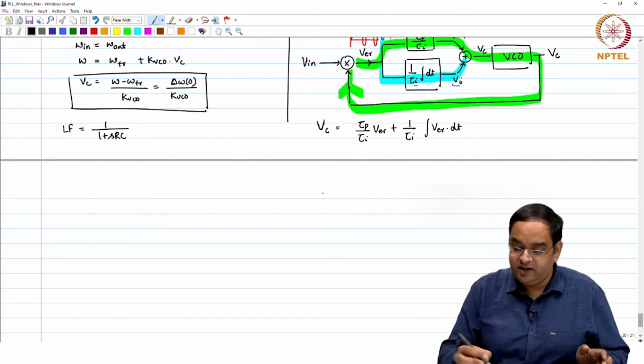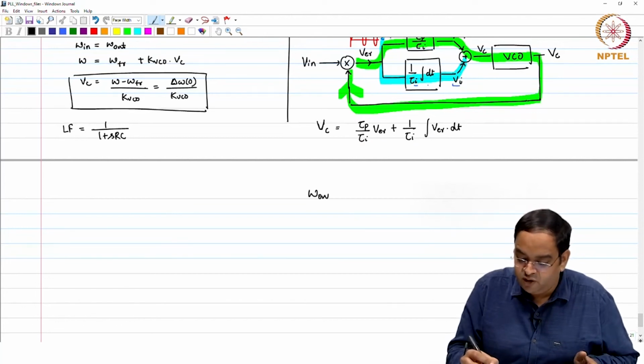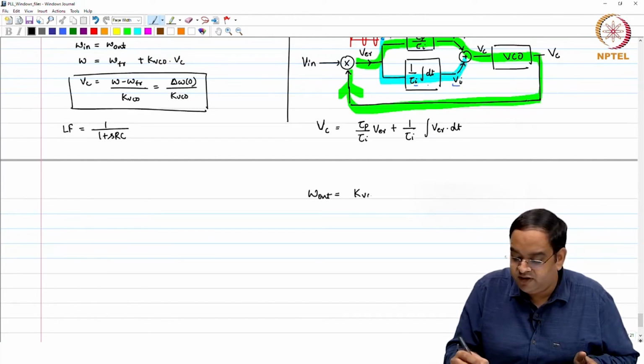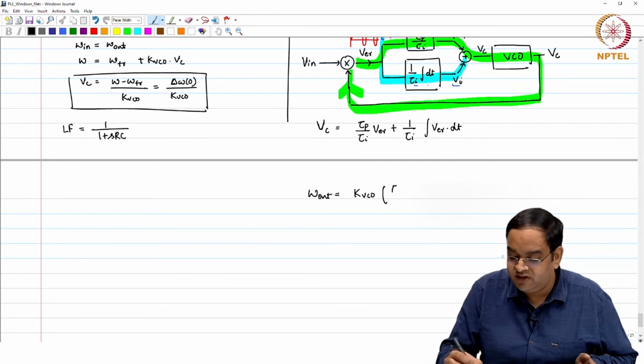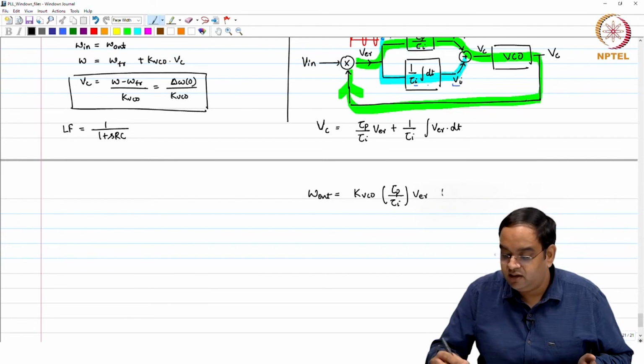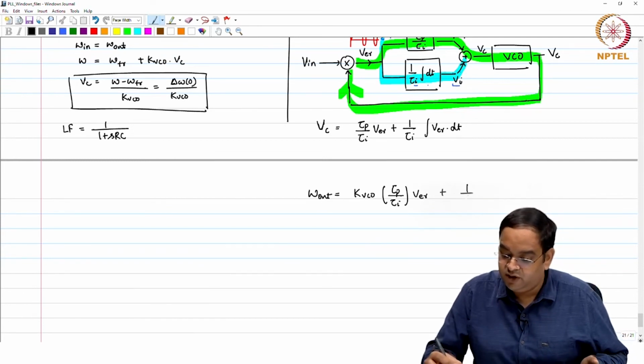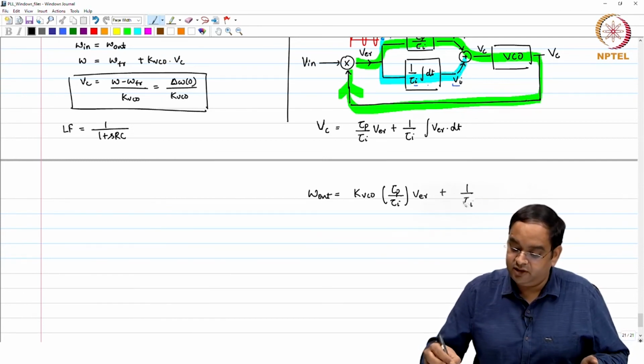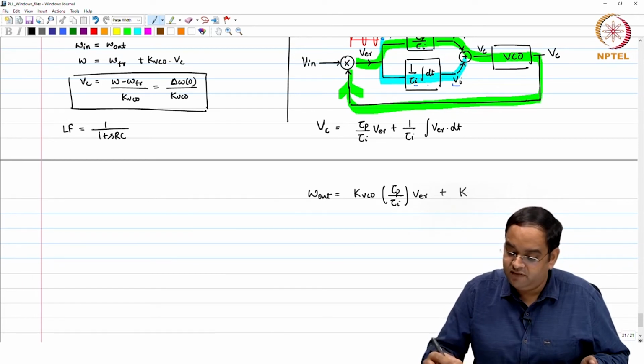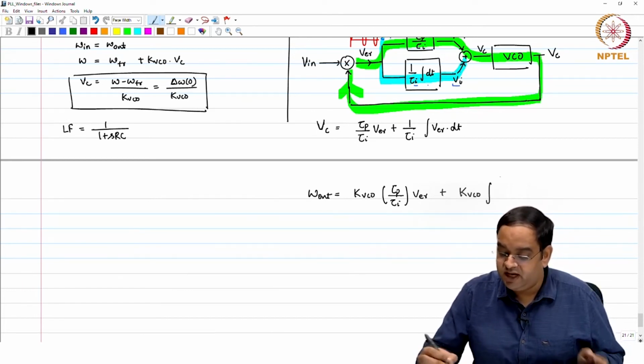So, if I want to write the output frequency, omega out is nothing but k VCO times Vc. So, Vc has two parts: tau p by tau I times V error, and another part, again k VCO times the V error part.